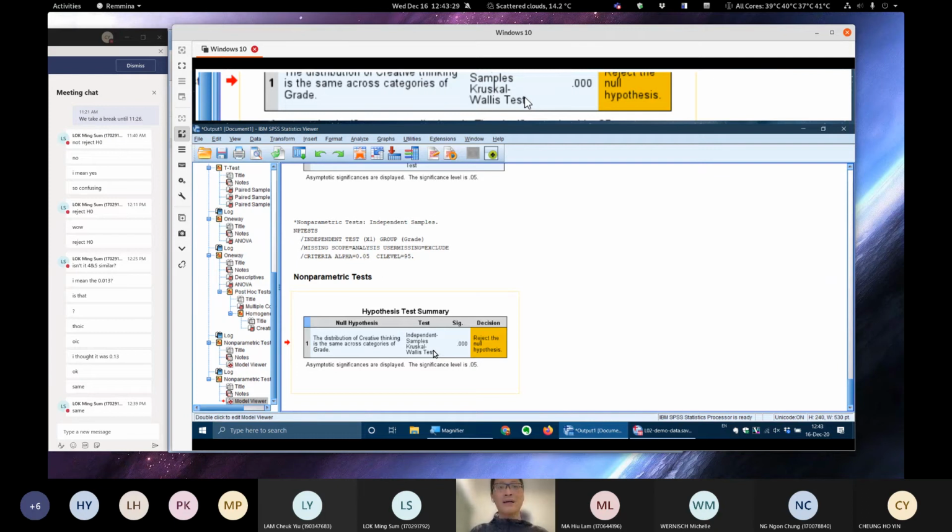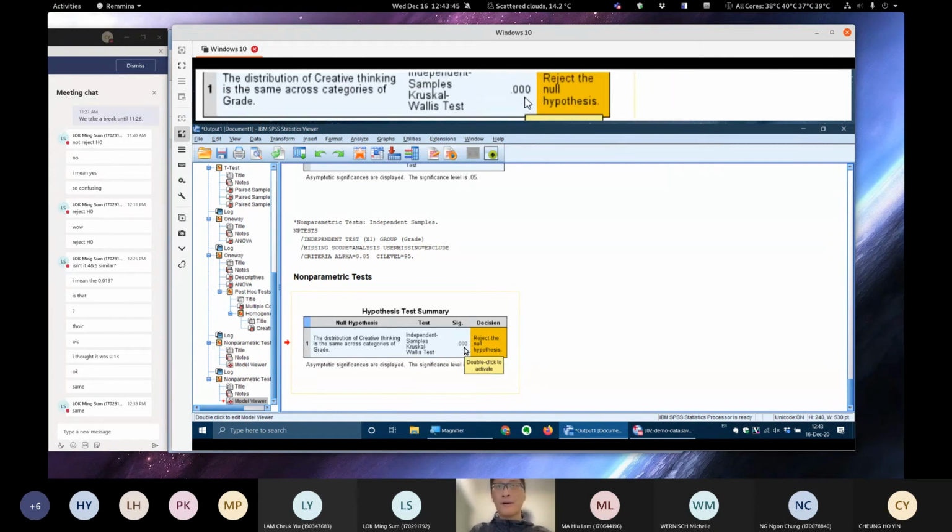This test corresponds to the ANOVA in the case of normally distributed scale variables, but it is the non-parametric version of that. The p-value is 0.000. Again, this is a small number, so you know you need to reject the null hypothesis.